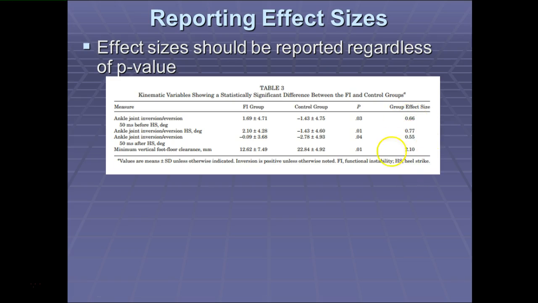We could say that for sure the largest treatment effect in this particular study was vertical foot floor clearance following a treatment intervention, and 2.1 is by far a large treatment effect. So I want to read this study and figure out, in patients with ankle sprain, what did they do to improve this particular measurement?